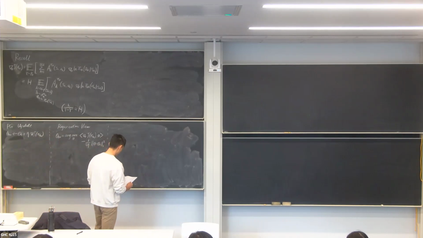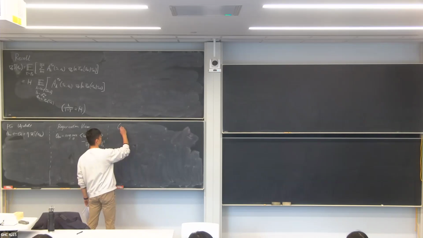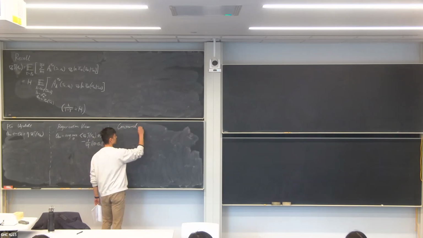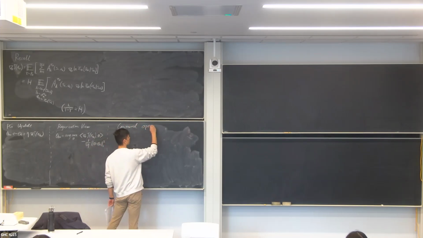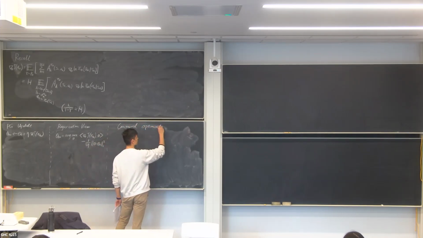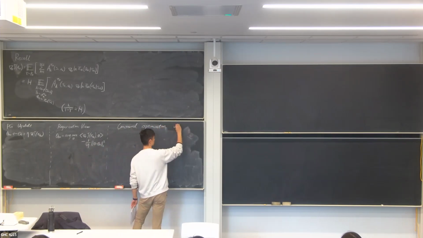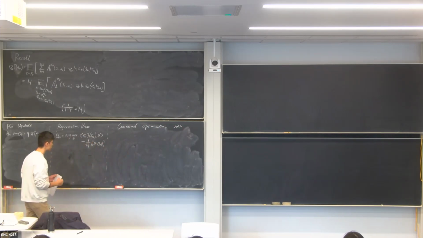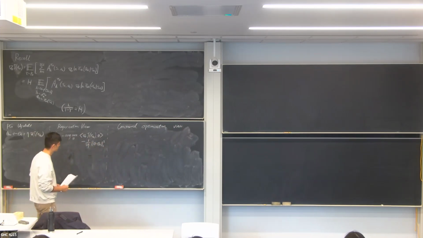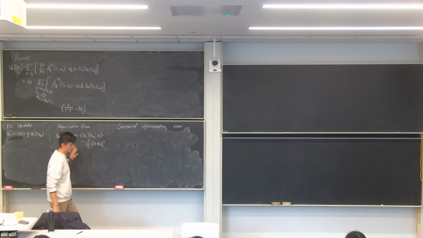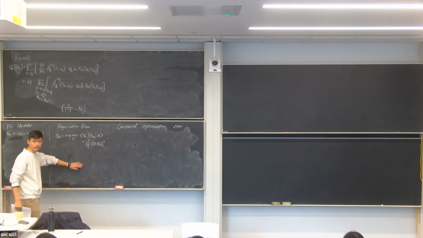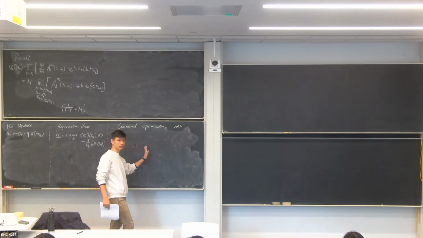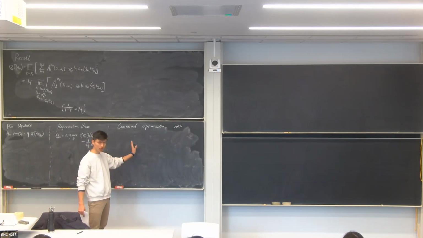Okay. And similarly, you can also write down a constrained optimization view. Natural policy gradient will follow from this view, and things like TRPO, trust region policy optimization, will come out of this.